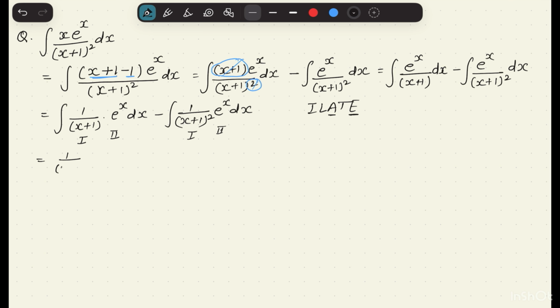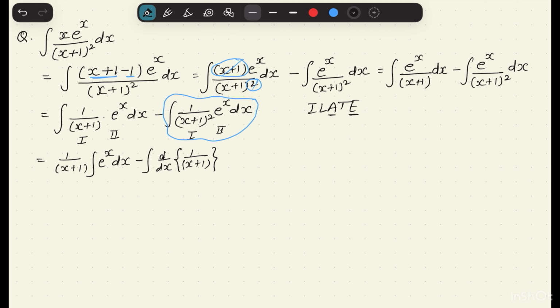So first function 1 upon x plus 1 is outside the integral e to the power x dx minus integration d over dx. Okay, here I can notice one interesting thing, that we will not solve the second integral, because I can see here that when we will differentiate this 1 upon x plus 1, we will get minus 1 upon x plus 1 square.